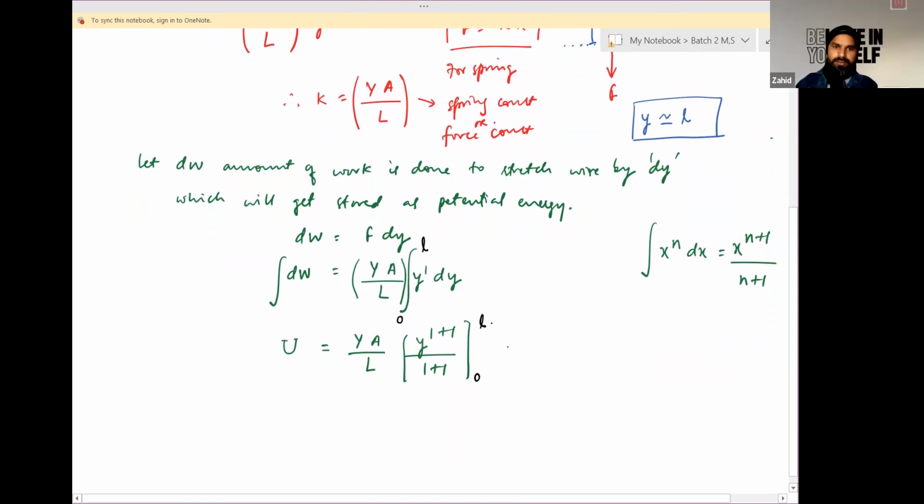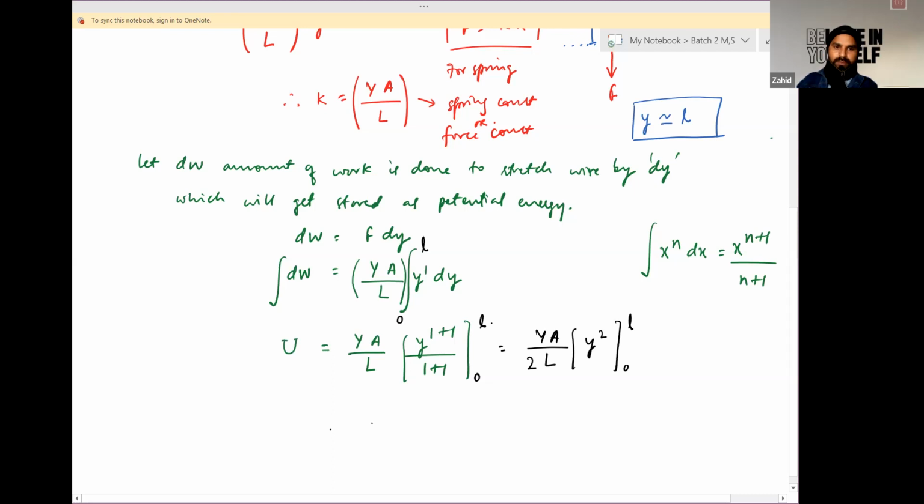Now we can write YA divided by L. Here 1 plus 1 will become 2 and y square, limit from 0 to L. So put the value of y as the upper limit, small l, and y equals 0 as the lower limit, and subtract them.